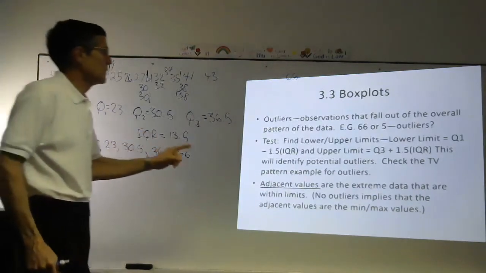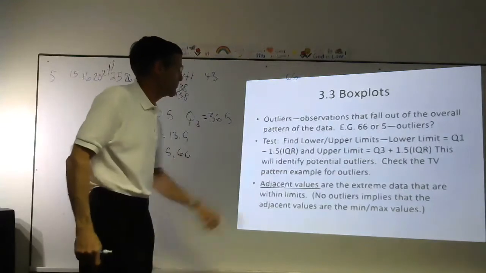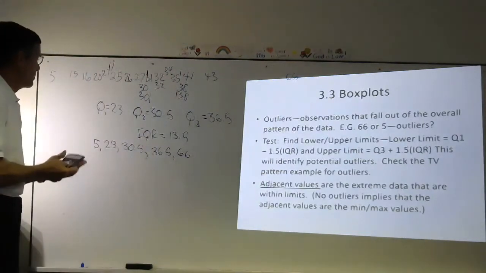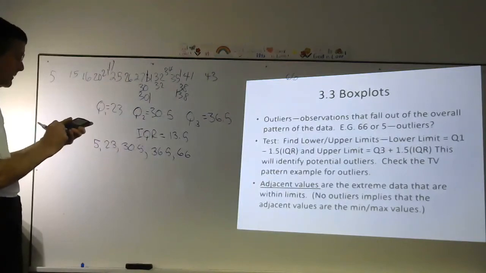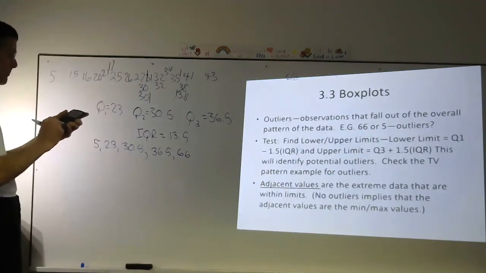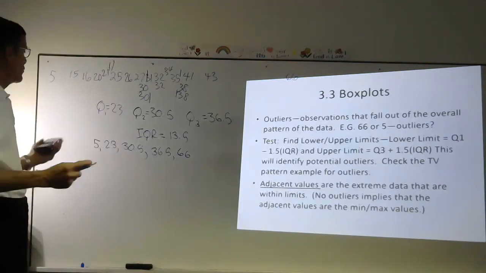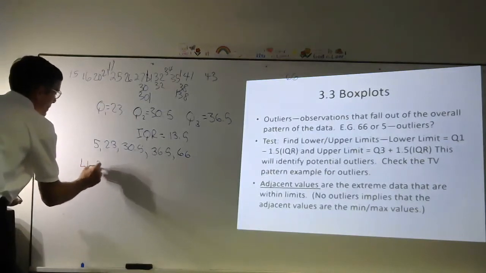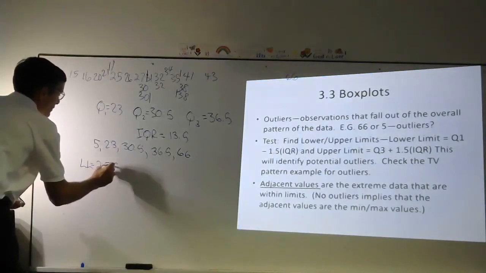To find a lower limit, you take Q1 minus 1.5 times the IQR. So I'm going to take Q1, which is 23, minus 1.5 times 13.5, and I get 2.75. So the lower limit is 2.75.